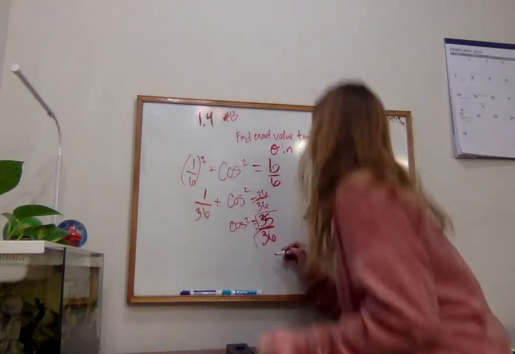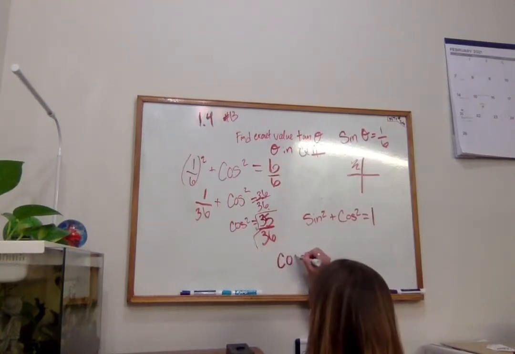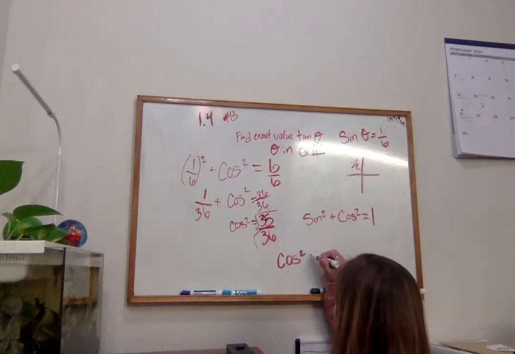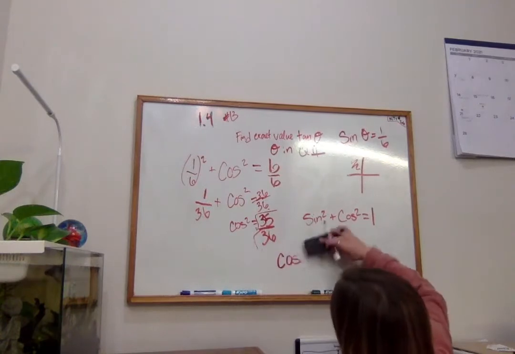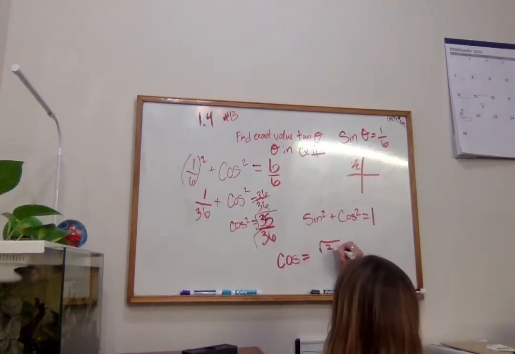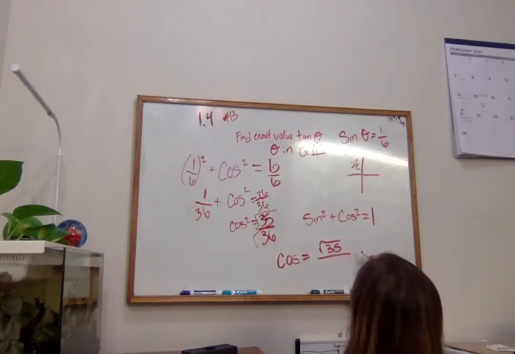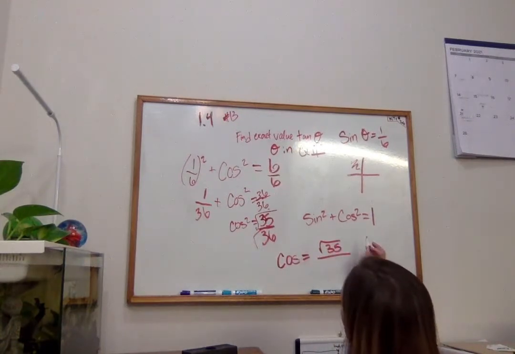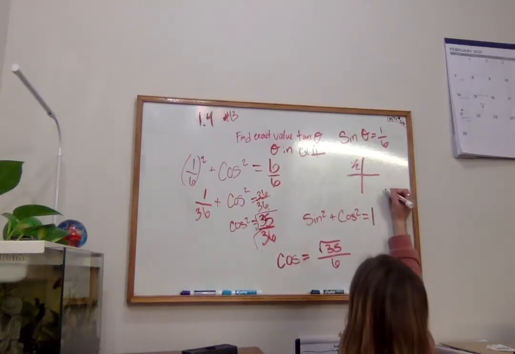So then cosine, well, not squared, equals square root 35 over 6. Now what were our values? Let's see.